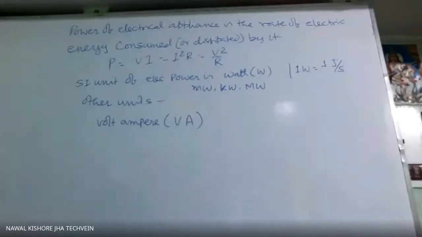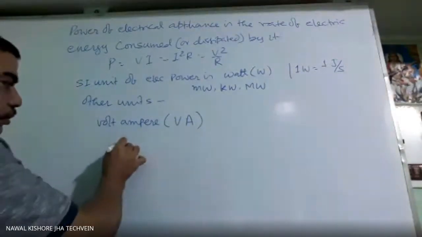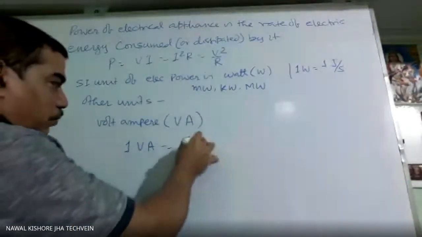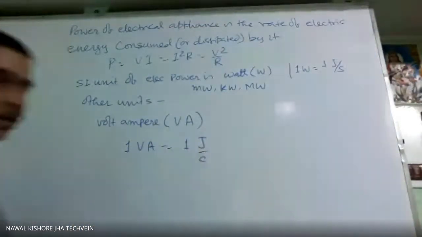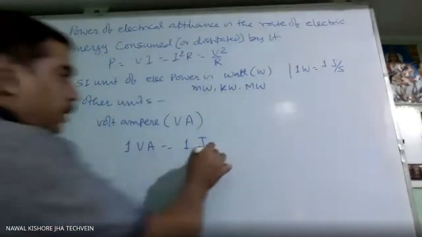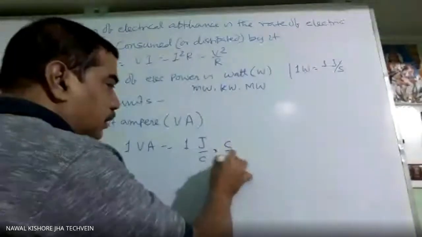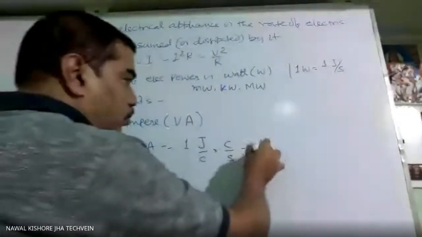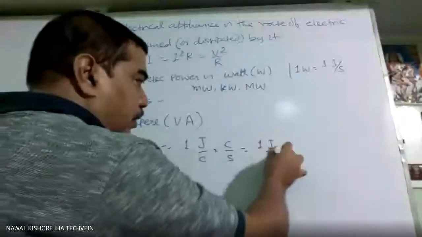So what is the volt ampere? Volt means joule per coulomb. Ampere is coulomb per second. So 1 volt ampere is 1 joule per second, that is 1 watt.